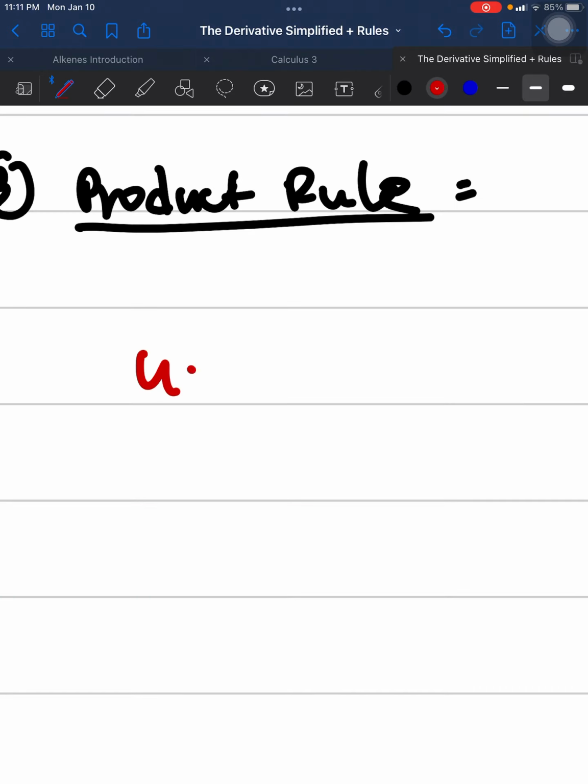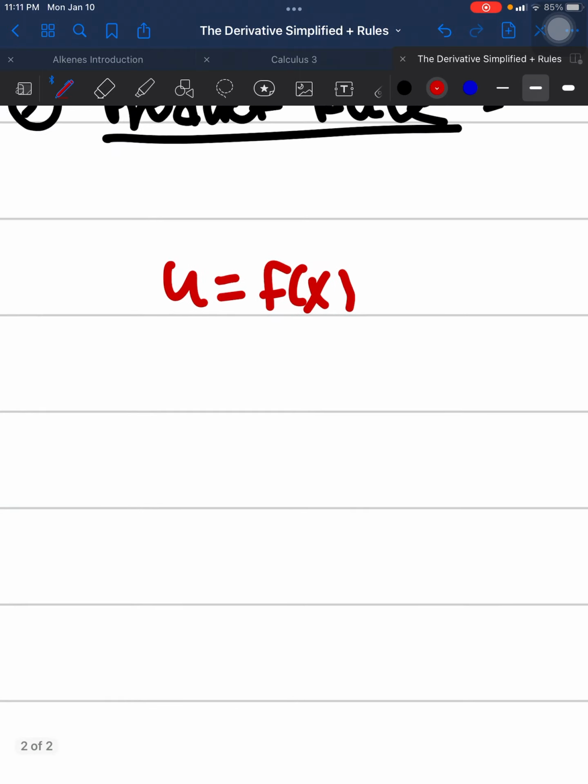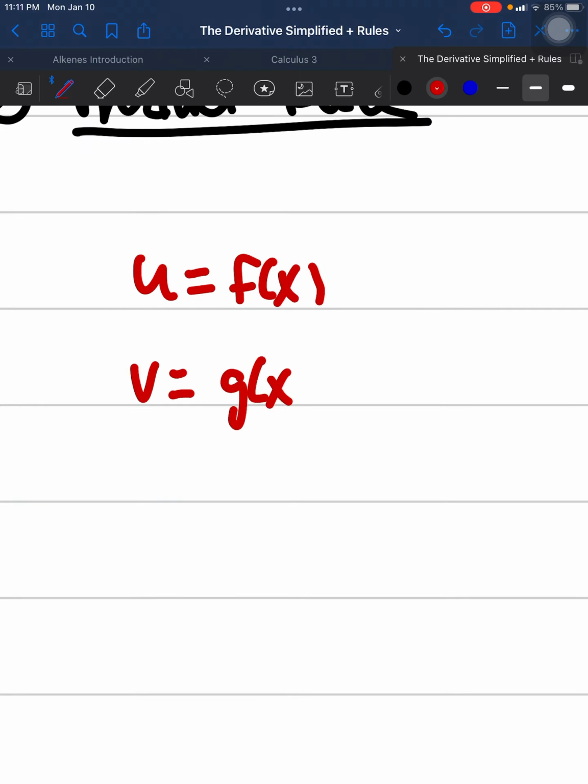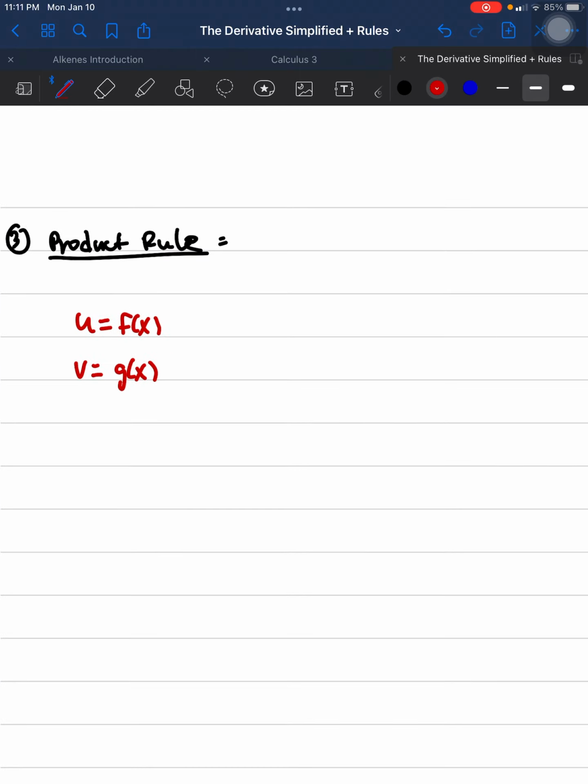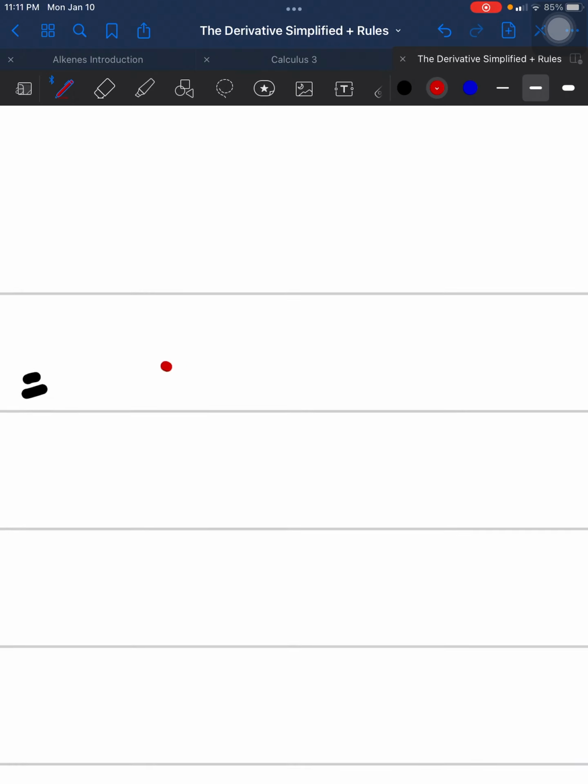Say u is equal to f of x, v is equal to g of x. The product rule is applied when we're multiplying these two functions. So I'm going to say y is equal to u times v.